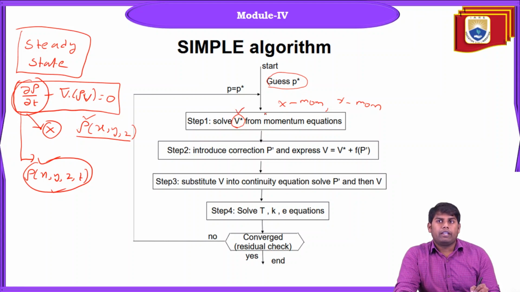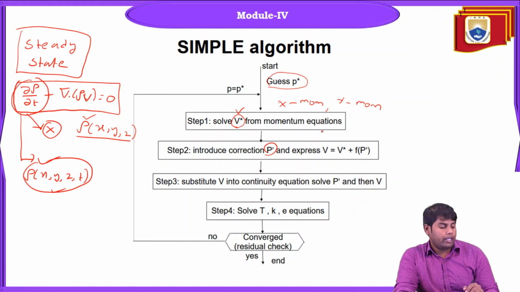Once we get the value of V star, we will introduce the pressure correction term, P dash. What do you mean by P dash? You have some correction factor, let's say you have some changes in the initial guess value. That correction factor you will apply, and then you will calculate the actual pressure. So P is equal to P star plus P dash.